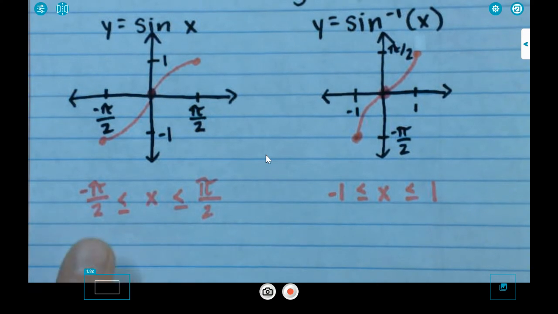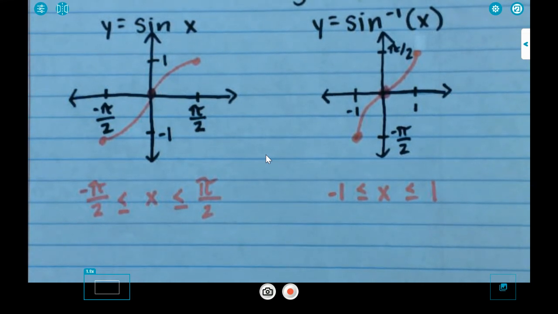And then we're specifying it to be specifically in this region, because we can only do one repeat of it for it to have an inverse function. So this is just the section that we do our inverses for. We are now going to make a table of the exact values.